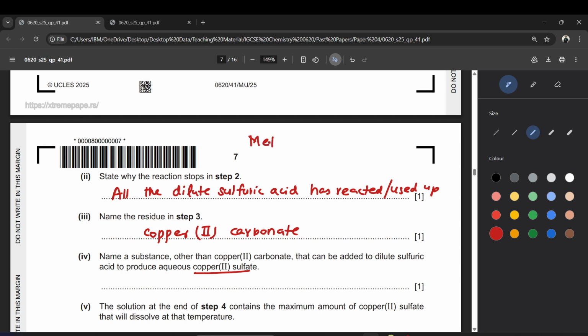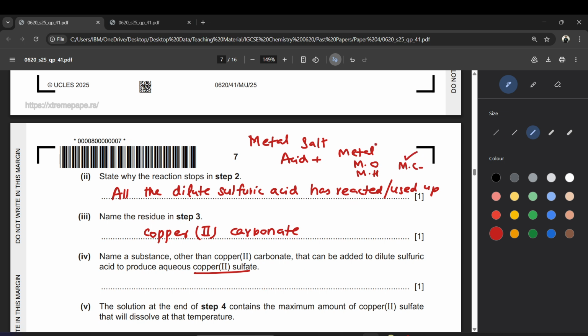If I want to make a metal salt, I can take an acid, and within my acid I can put four things, right? I can put a metal, I can put a metal oxide, I can put a metal hydroxide, or I can put a metal carbonate.